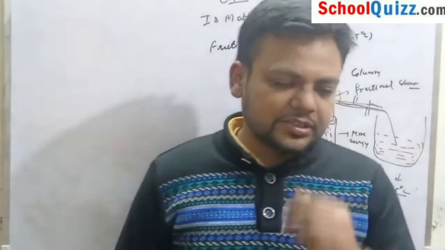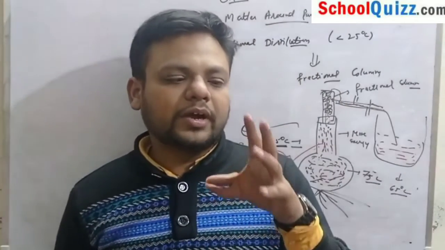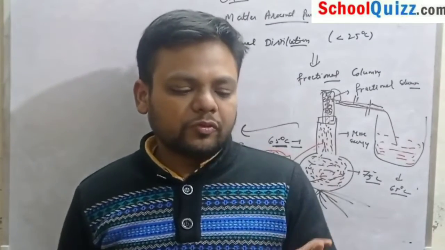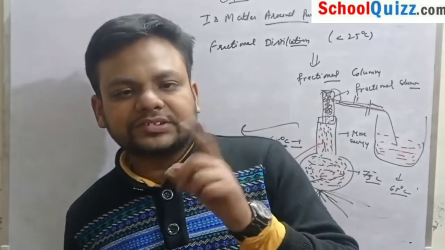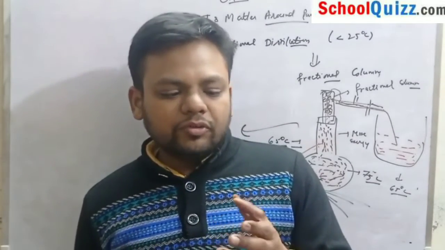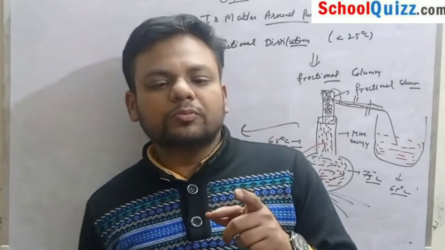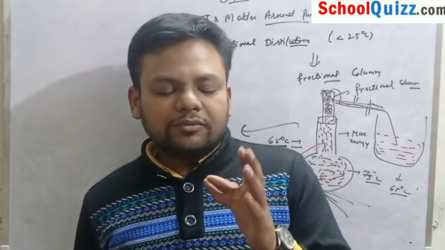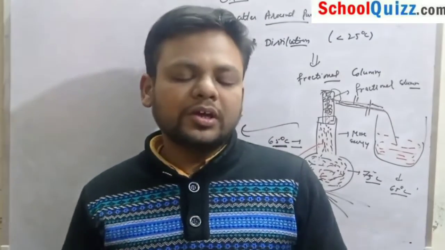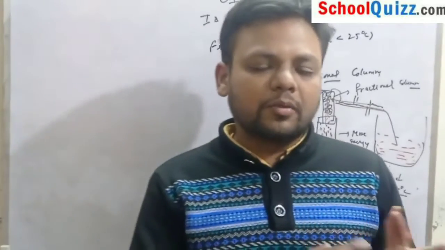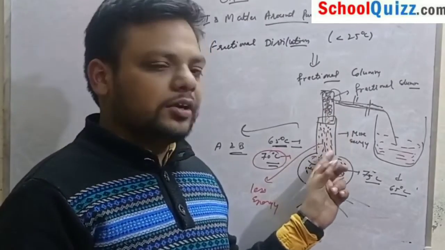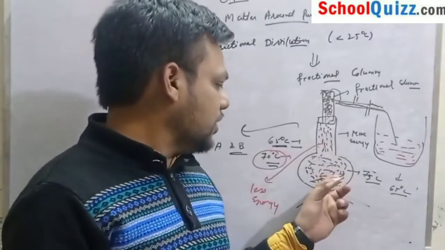And in the case of fractional distillation, we will add one thing more. We will provide a fractional column in which beads are there. So we use liquids whose boiling point difference is less than 25 Kelvin, and when we heat it, the one whose boiling point is less will have more kinetic energy and will overcome the fractional column and get separated out, and the other, whose particles get condensed here, comes back into the bottom again.